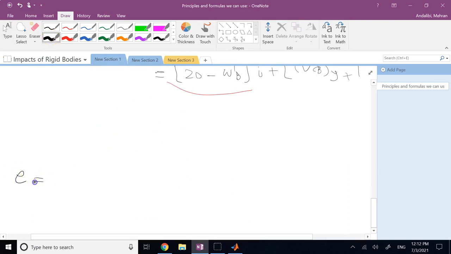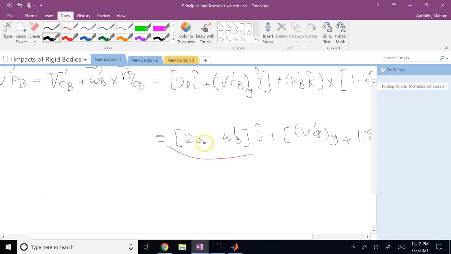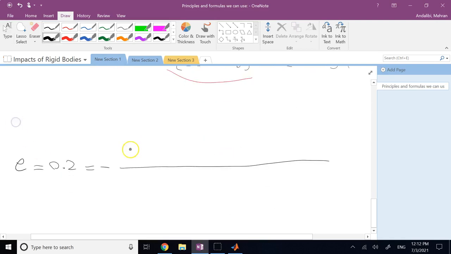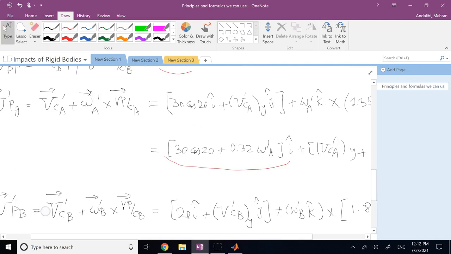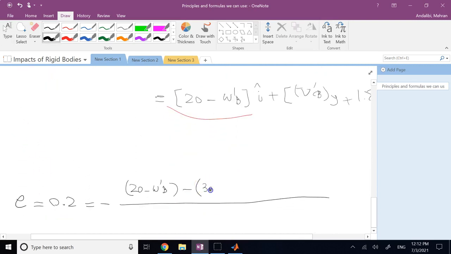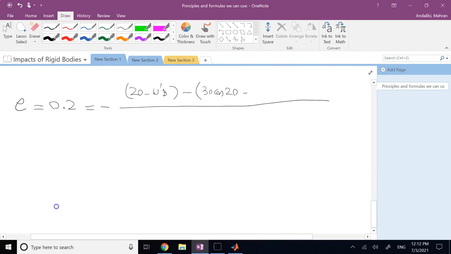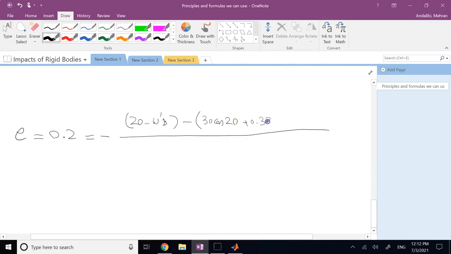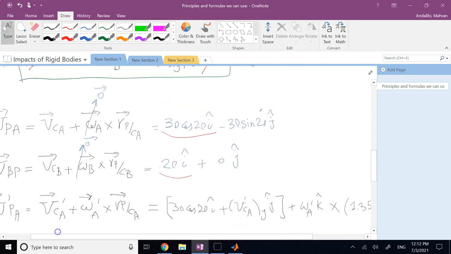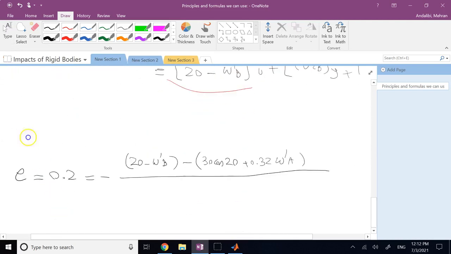And we say E, which is 0.2, is the negative of the subtraction of the i components of P on B and P on A, which is this guy, minus this one, and then the same thing for before impact, which is 20 and 30 cosine 20.